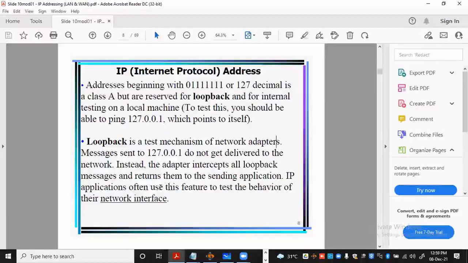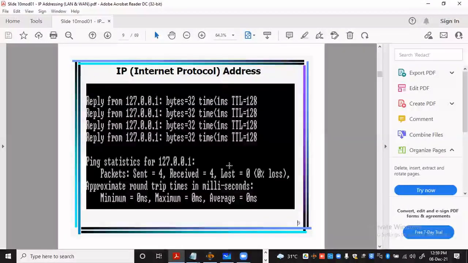IP applications often use this feature to test the behavior of their network interfaces, like I pointed out. Okay, guys, so that's how it is. It just points to itself. So that's what I just went through with you guys.